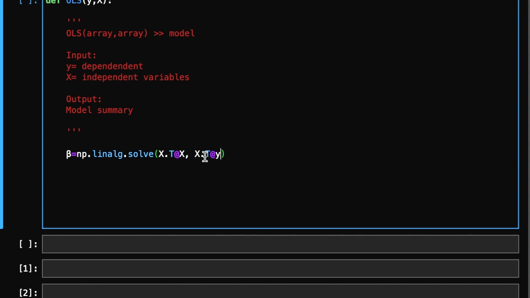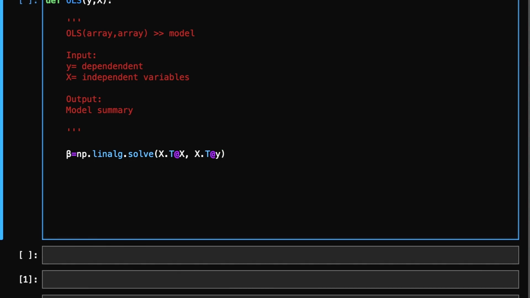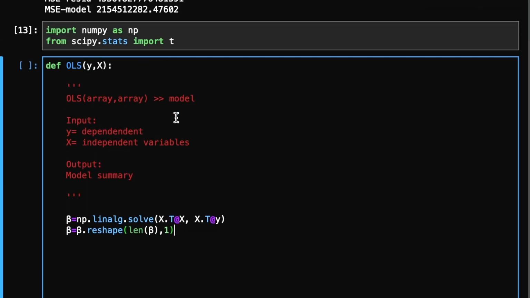It's going to solve the equation x prime x times beta equals x prime y, and the solution is going to be our beta estimates. I'm also going to reshape this just to make sure that it is arranged as a k by 1 matrix.